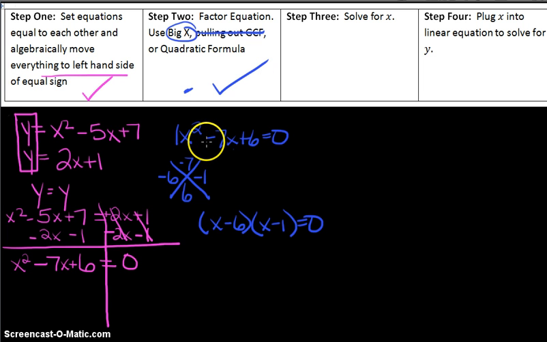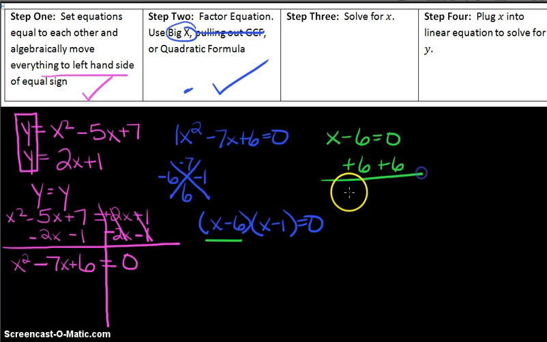Now I'm moving into step 3. Step 3 is solve for x. So I'm going to take each one of my factors. My first factor here is x minus 6. So I'm going to say x minus 6 equals 0. And I add 6 to both sides. And x equals 6. All right. So now I have one value for x.